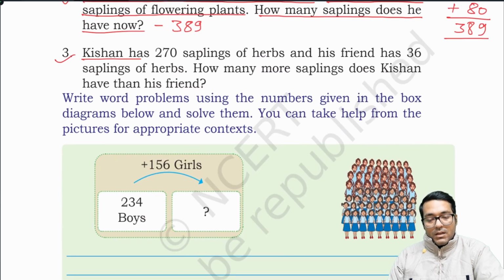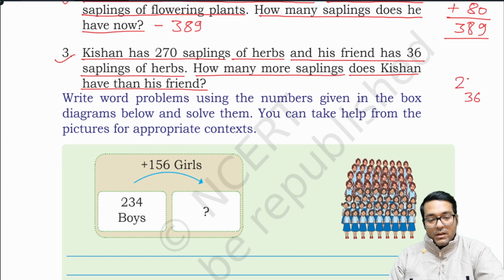3. Kisan has 270 saplings of herbs and his friend has 36 saplings of herbs. How many more saplings does Kisan have than his friend? You have to subtract 36 from 270. Since you can't take out 6 from 0 ones, 1 hundred is taken from 7 tens.